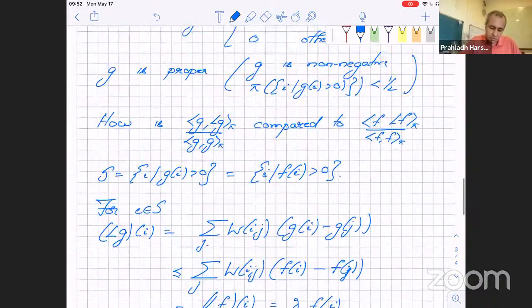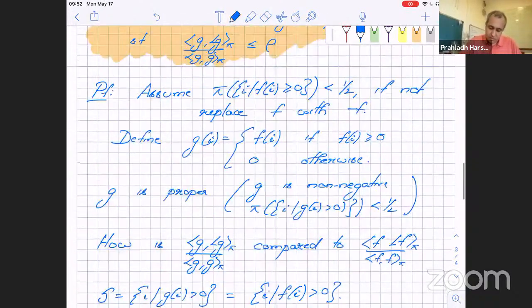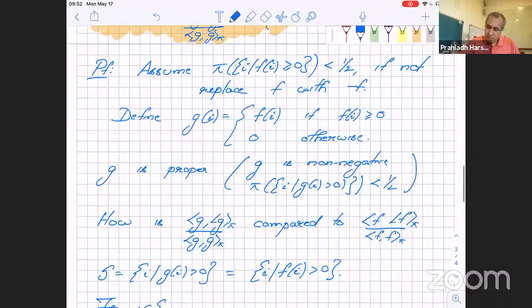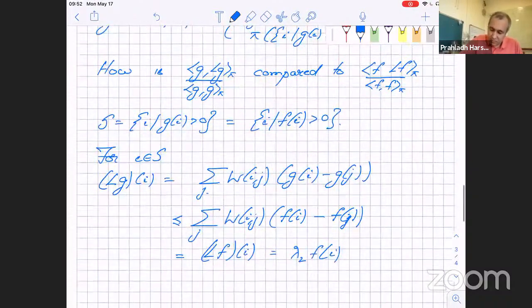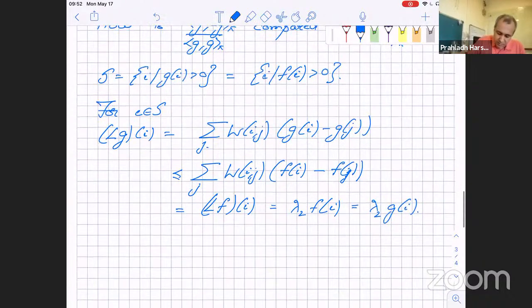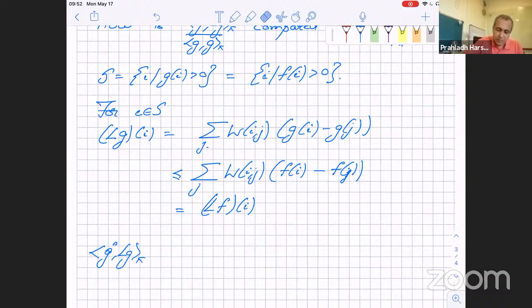So what I want to say is the following. This is lambda 2 of G. Do I need to do this? One second. Let's look at the proof. Now let's look at G L G. Let me skip this particular step. Let's leave it as this.